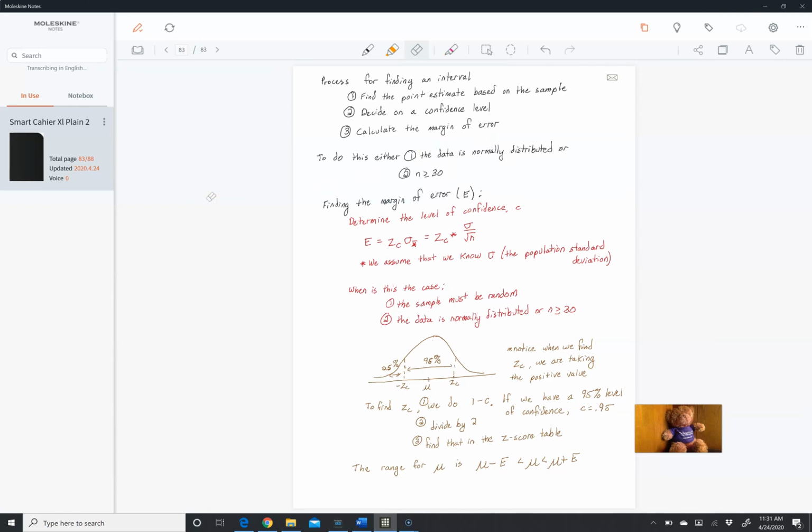The definition I want to give you is x bar minus mu is called a sampling error. Now most of the time you're never going to know this. This is the actual difference between the sample and the population mean.